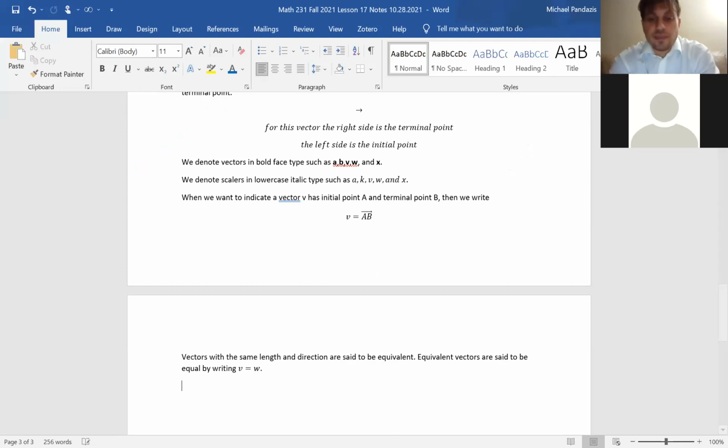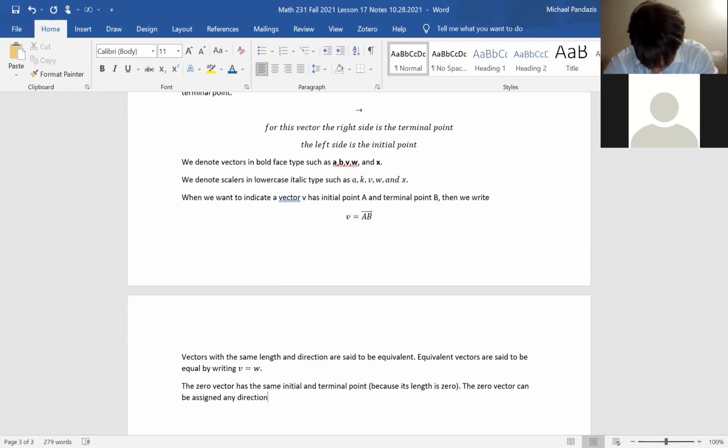The zero vector has the same initial and terminal point because its length is 0. It starts and ends at the same place because it doesn't go anywhere. The zero vector can be assigned any direction that is convenient for the problem at hand.